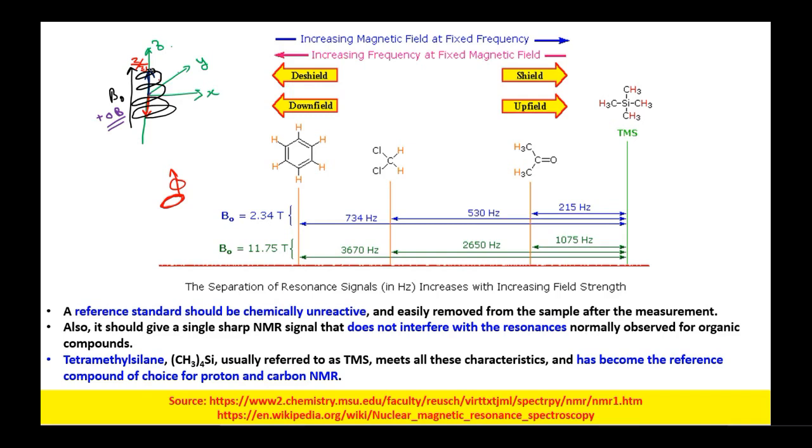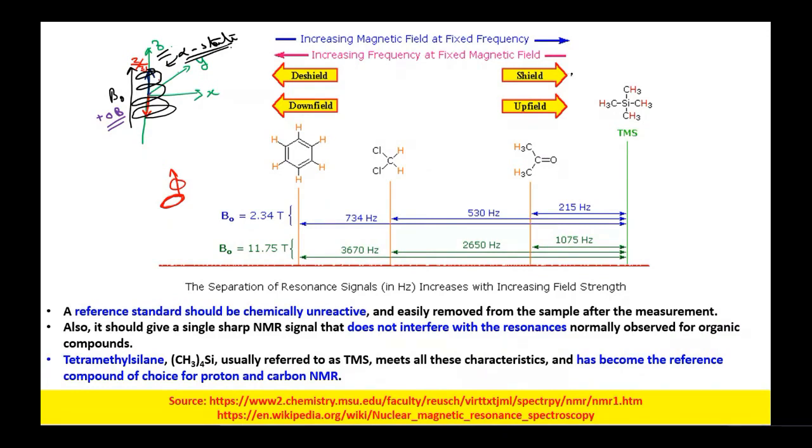When it comes to this B0 plus delta B, and they become parallel to the Z axis, that means they come to the alpha state. Then they have the lowest energy. So I hope everyone understood the de-shielding and the shielding phenomenon.